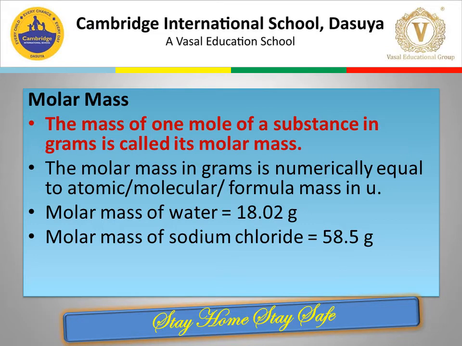For example, the molar mass of water is 18.02 because the molecular mass of water is 18.02, that is the sum of the atomic masses. If we take the mass in gram numerically equal to its molecular mass, we get the molar mass. So the molar mass of water is 18.02 gram, and similarly the molar mass of sodium chloride is 58.5 gram.